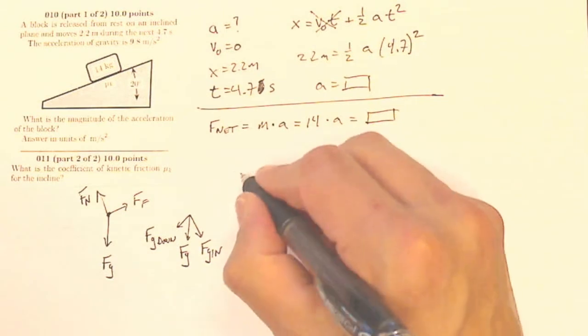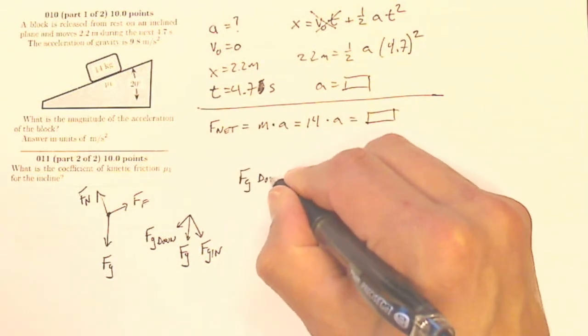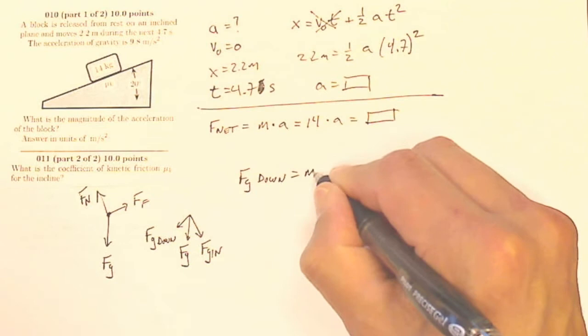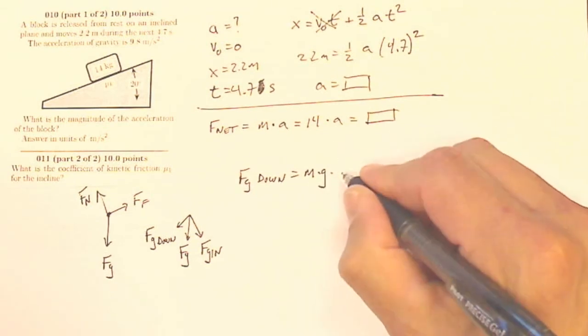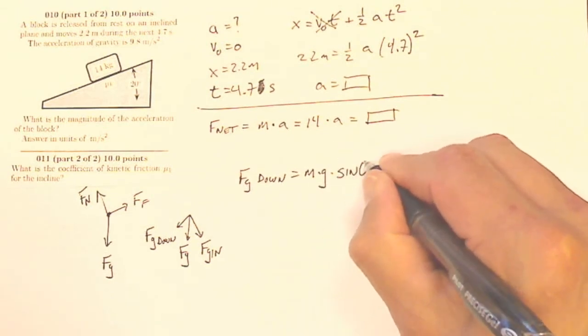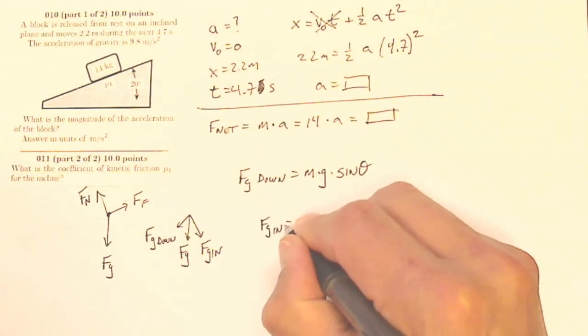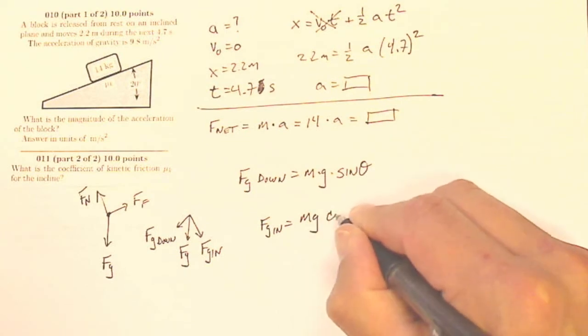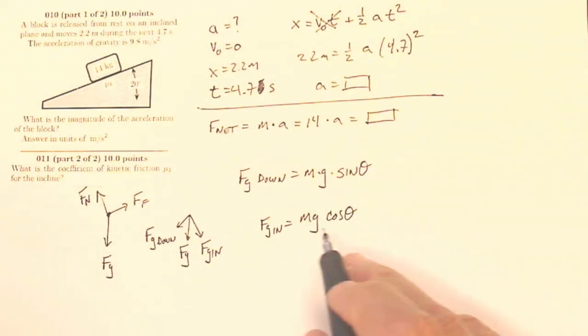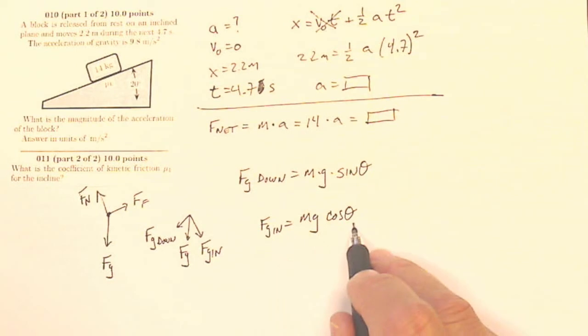So my Fg down the ramp is going to be mg sine theta, and my Fg into the ramp is going to be mg cosine theta. So I know m, I know g, I know theta, so I can figure out this one.